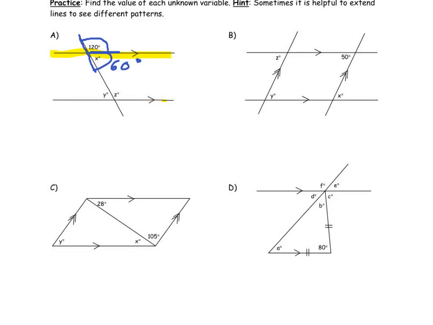Angle Z, for example. Maybe if you're looking at patterns and you see this, maybe you see the given angle of 120 is above the parallel line, so therefore angle Z and 120 have to be equal.